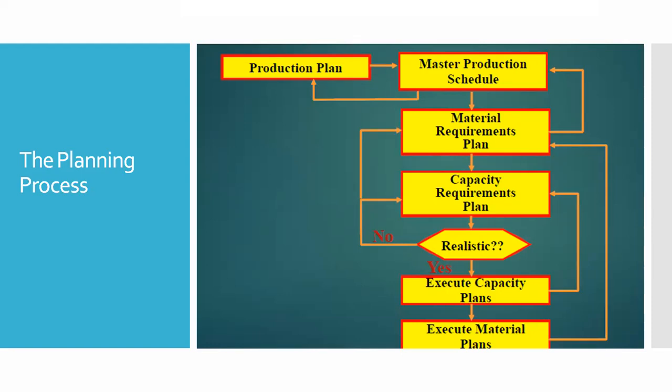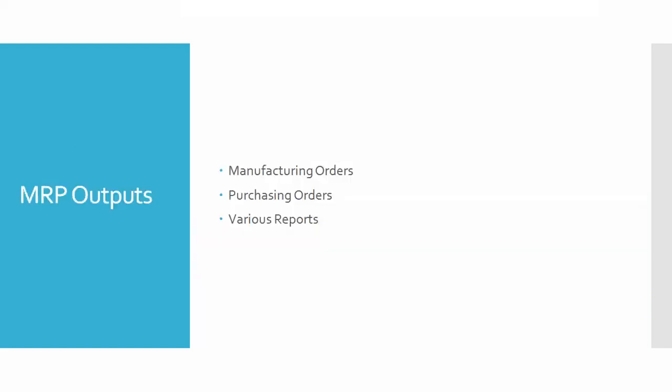Then the material requirement plan, how you require the material, and capacity requirement planning, how you adjust the capacity plan for your process. Realistic plan, execute the capacity, and execute the material plan. So they are all related to each other in the planning process.